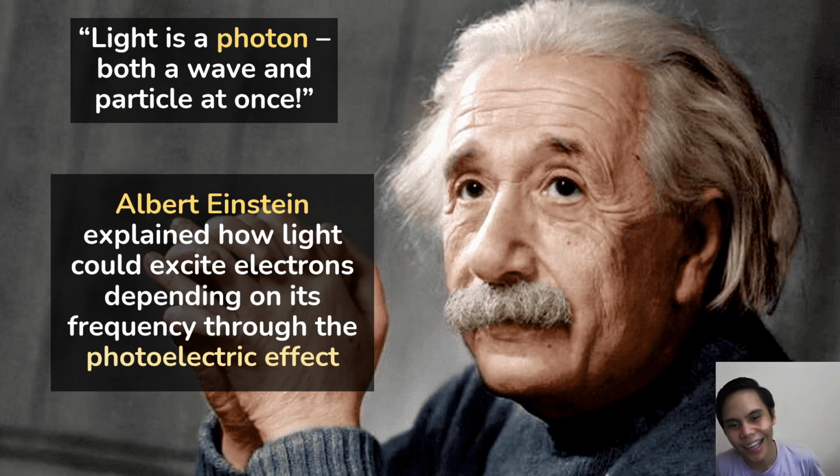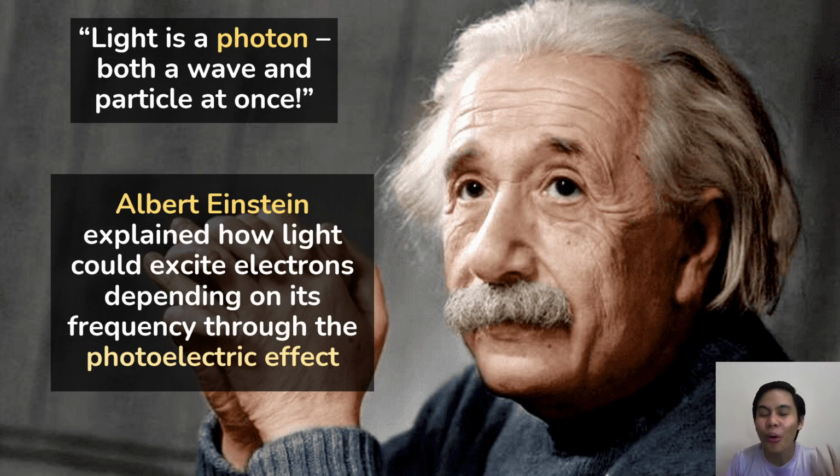until this guy came up and said that light isn't just a wave. Albert Einstein explained how light could excite electrons depending on its frequency through what he called the photoelectric effect. The thing is, if light is just an electromagnetic wave, it can't excite actual particles in the form of electrons. So Albert Einstein said, why not?